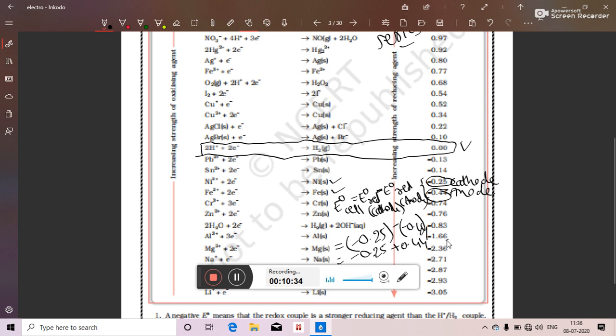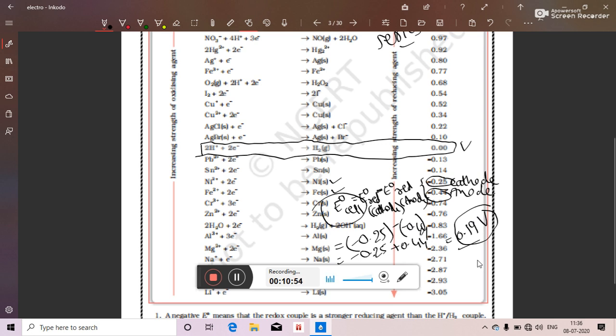So our answer will be plus 0.19 volt. So here you can see that we always get a positive answer for E naught cell. In that way, at 298 Kelvin, if a cell is operated, we can easily find out E naught cell by using this table.